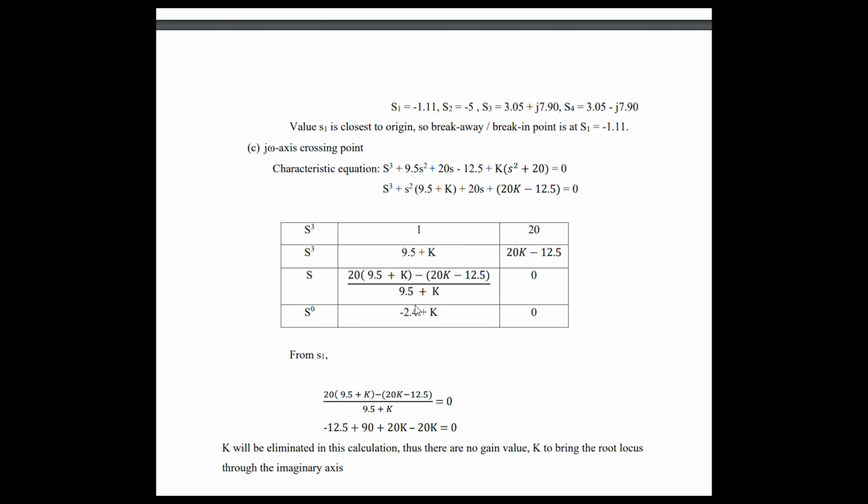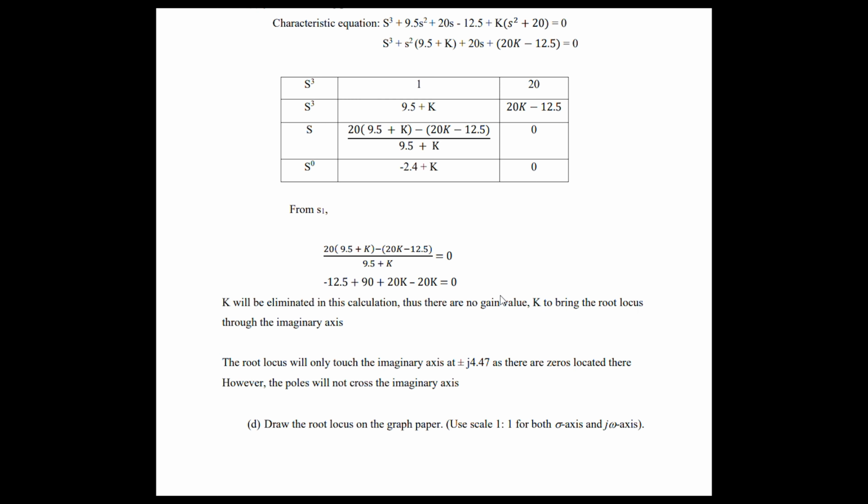Next, for the j omega axis crossing point, the characteristic equation is s cubed plus 9.5 s squared plus 20s minus 12.5 plus K(s squared plus 20) equals 0. Using the table from s1, we get negative 12.5 plus 90 plus 20K minus 20K equals 0.